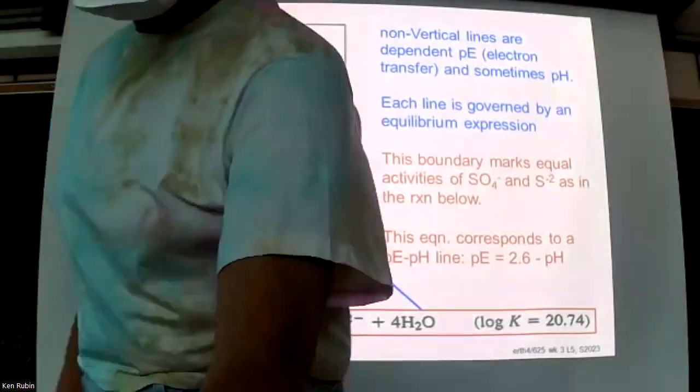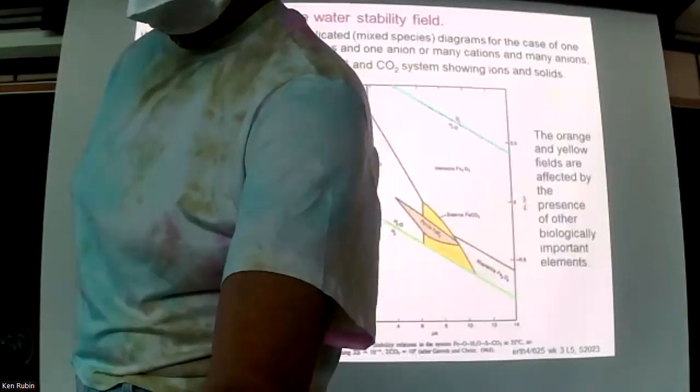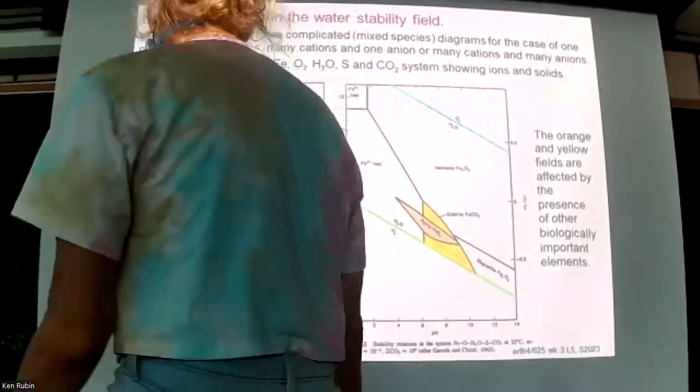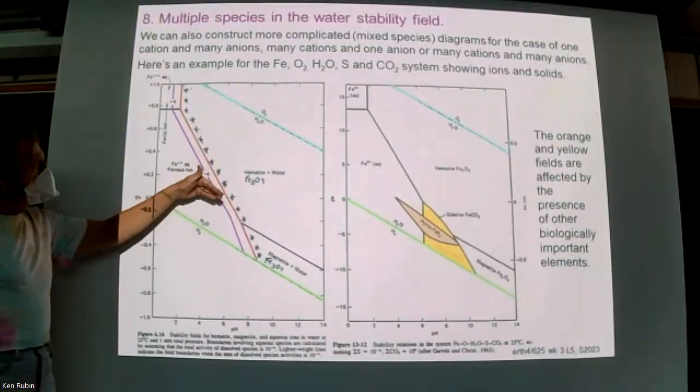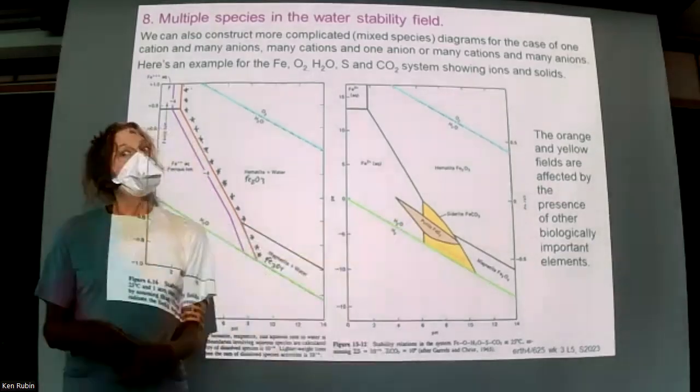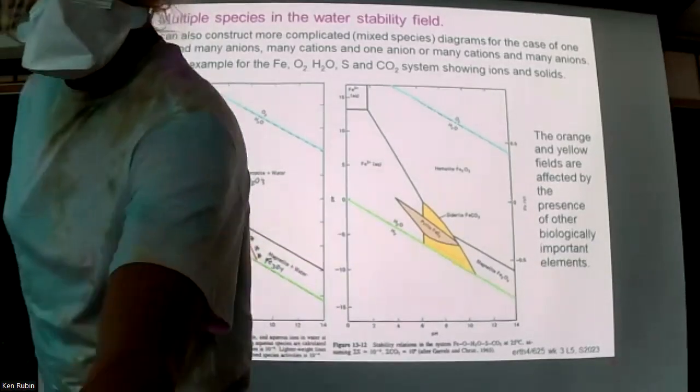You can't make pyrite, for instance, until you make sulfide. So you already have the iron 2 present, because the iron transition happens higher up, but you can't make pyrite until you also make sulfide.